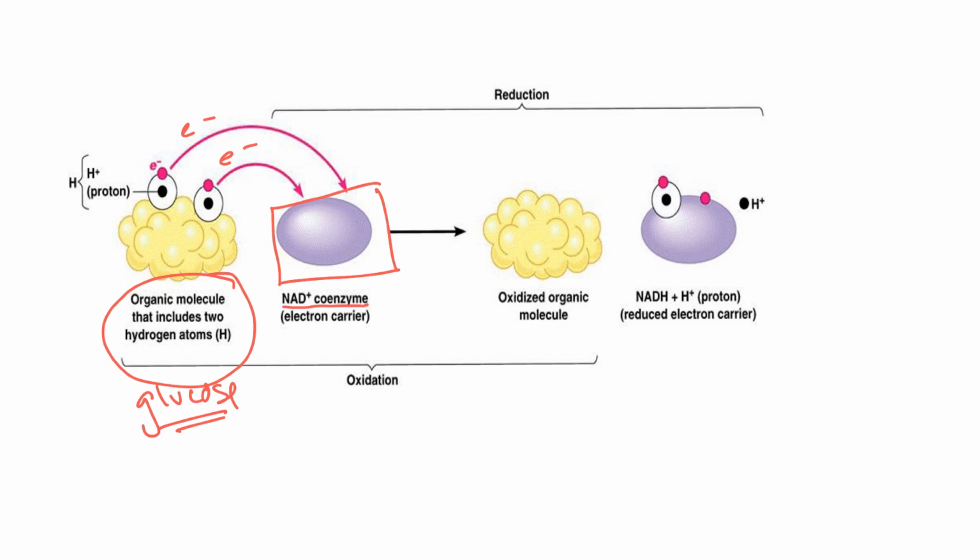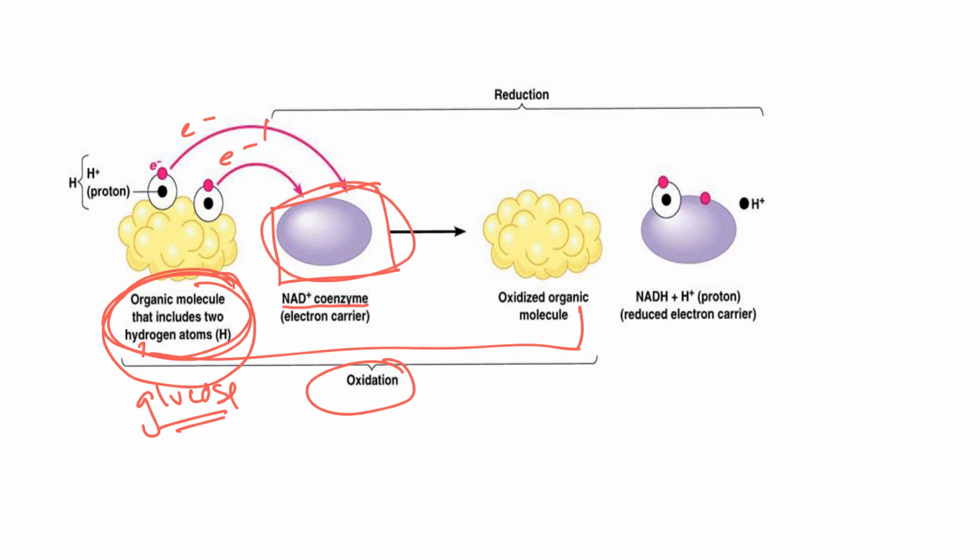It itself is going to be reduced. Okay, so the organic fuel is going to be oxidized, right? So it lost its electrons, and the electrons are dumped onto this NAD, which becomes reduced and forms NADH. A lot of times they'll write it as NADH plus H, and I don't really care that you know that. I just want you to know that it's been reduced, and we usually write it as NADH. Okay?